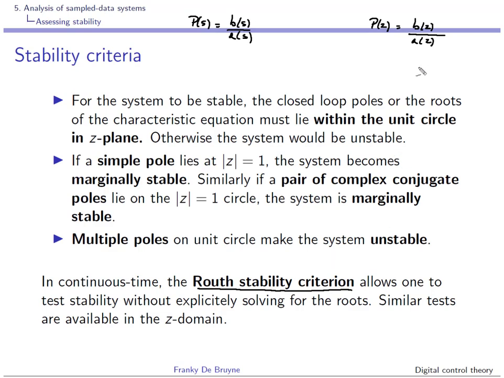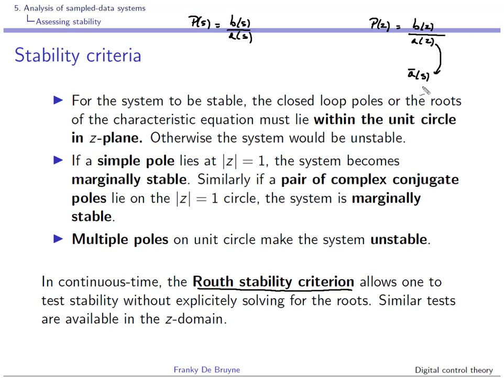Well, there is also another way to go, which is to take this polynomial and use a so-called bilinear transformation that will transform it into another polynomial, but now in S, for instance, A bar S. Such a bilinear transformation will make sure that the poles that are inside the unit circle are transformed into poles of this polynomial that are to the left of the j omega axis, and poles of A of Z that are outside the unit circle are transformed into poles of this polynomial that are to the right of the j omega axis.